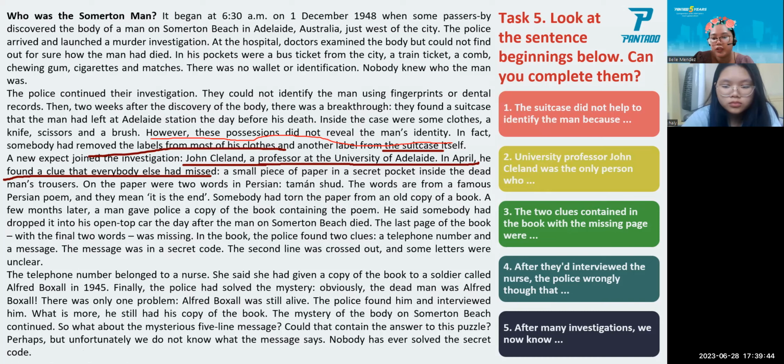The police wrongly thought that after they interviewed the nurse. Okay, let's go with the nurse.